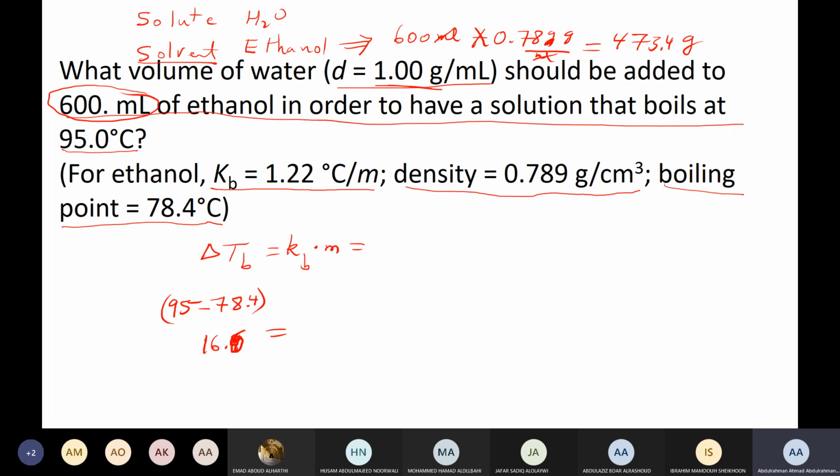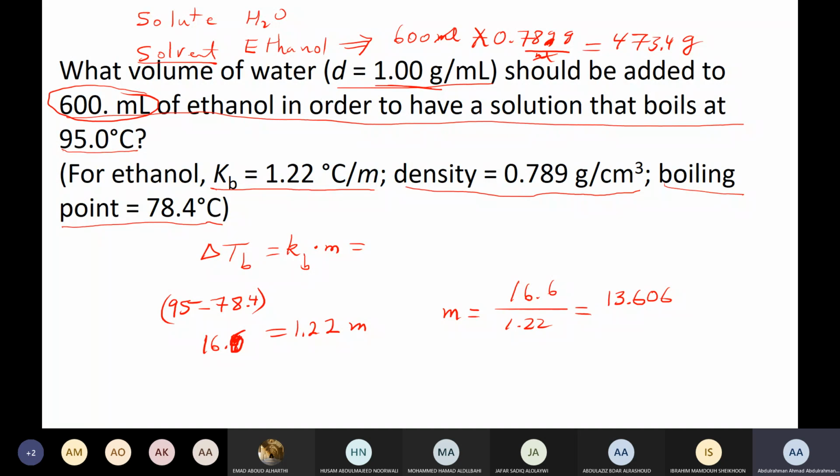What's Kb? 1.22. And m, I don't know. Calculate m then. 16.6 divided by 1.22. What's the answer? 13.606. Is this clear?